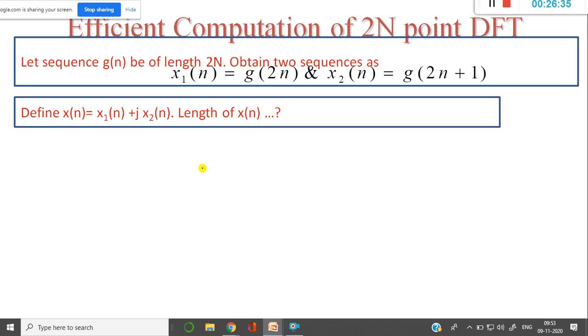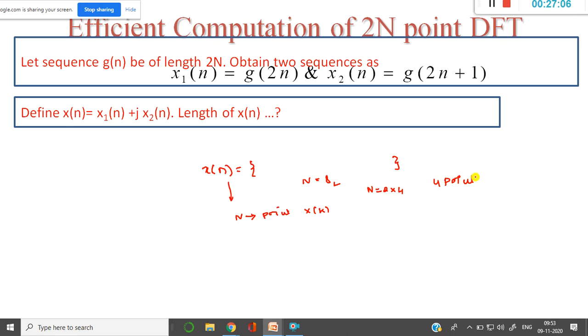You got my point? If you have an x of n sequence, let us assume N equal to 8. If I want to calculate x of k, I apply the N-point DFT itself. Now instead of calling N equal to 8, can I call this N equal to 2 into 4, where I call this a 4-point DFT instead of an 8-point?